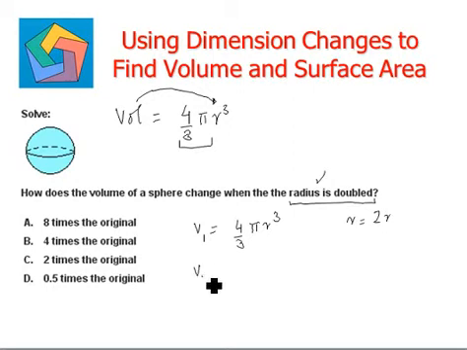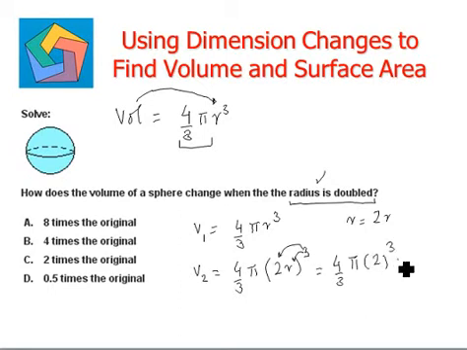So let's take it as V2, 4 by 3 pi, 2r to the power of 3. So this becomes 4 by 3 pi, 2r cubed means 2 cubed times r cubed. Now this is equal to 4 by 3 pi, 2 cubed is 2 times 2 times 2, that is 8, r cubed.